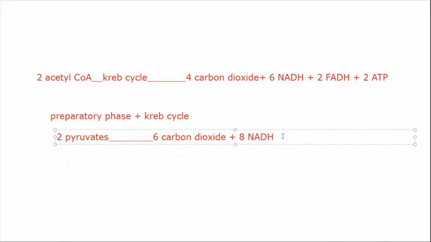So the total will be 8, plus 2 FADH2, plus 2 ATP molecules. So this is the total of the preparatory phase and Krebs cycle.